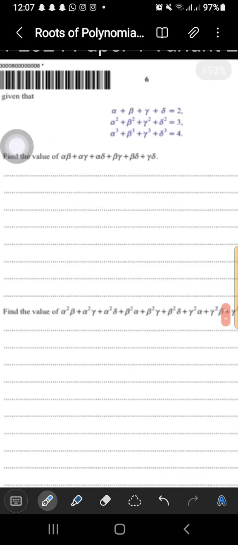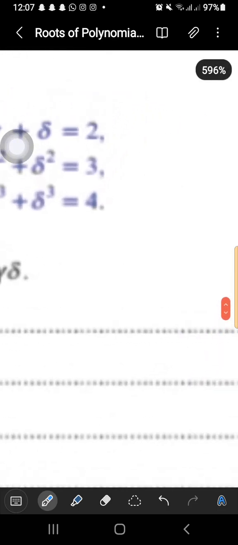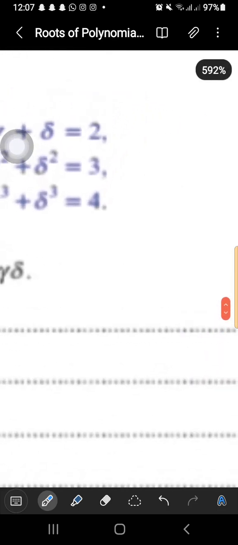It is given that alpha plus beta plus gamma plus delta is equal to 2. Alpha square plus beta square plus gamma square plus delta square is equal to 3. Alpha cube plus beta cube plus gamma cube plus delta cube is equal to 4. Here I am writing alpha plus beta plus gamma plus delta as summation of alpha.